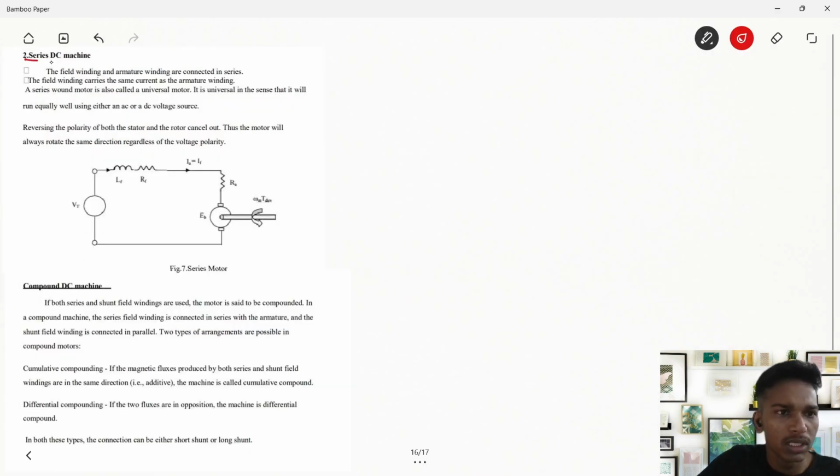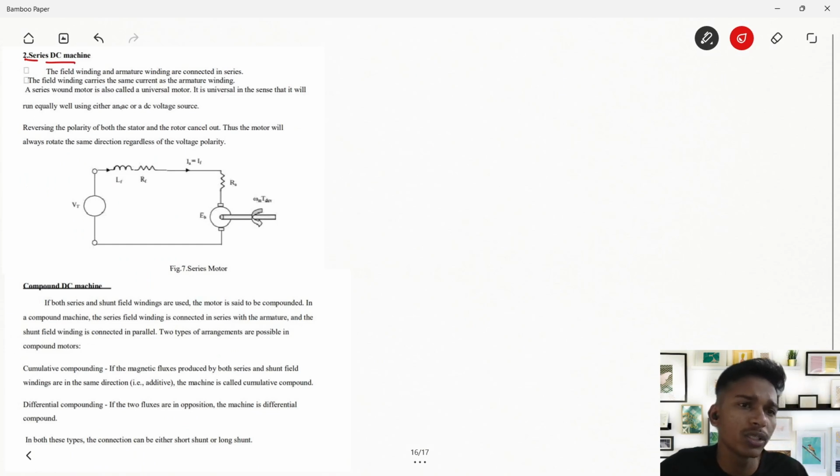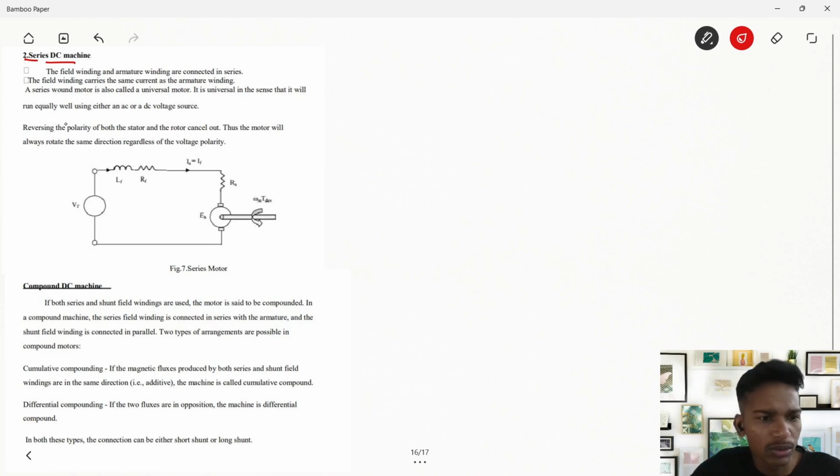Two, series DC machines. We discussed parallel DC machines before, and now we are going to discuss series DC machines. In the previous video, the field winding and armature winding were connected in parallel.